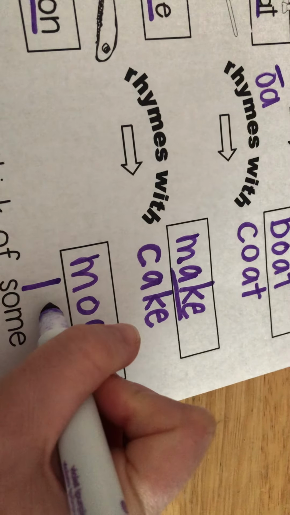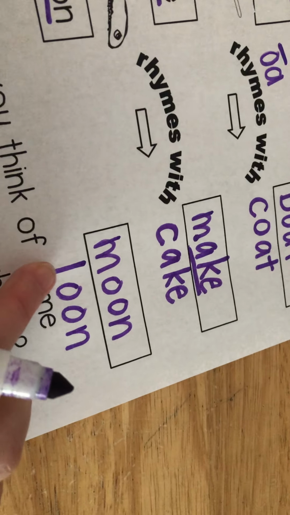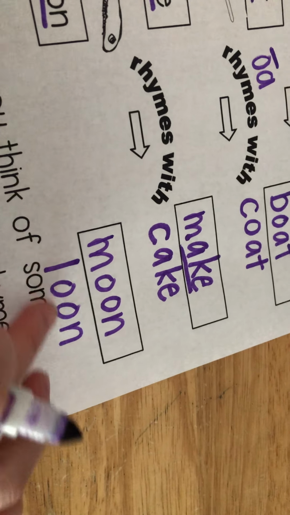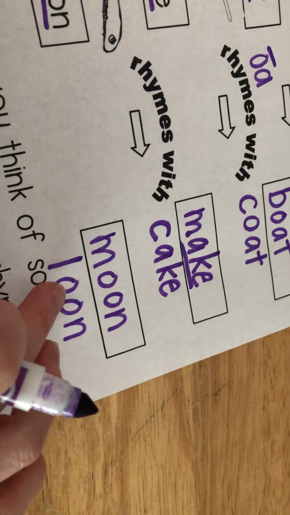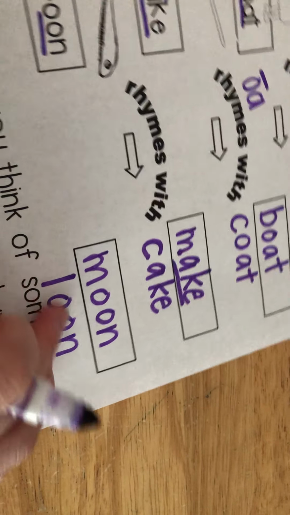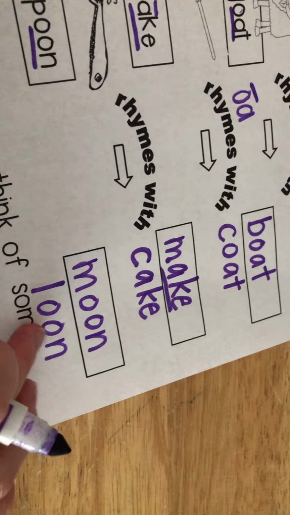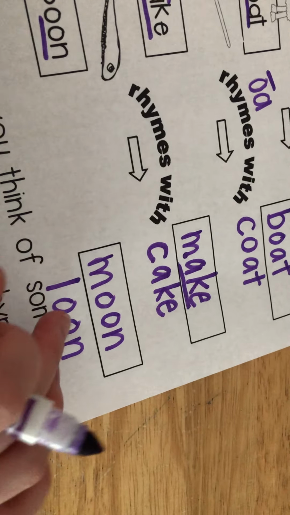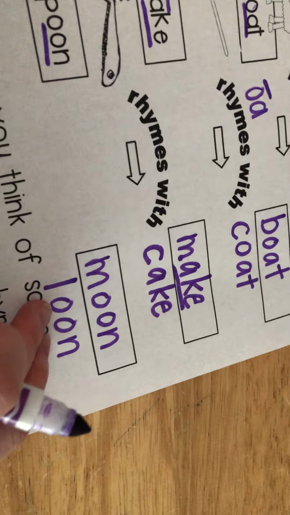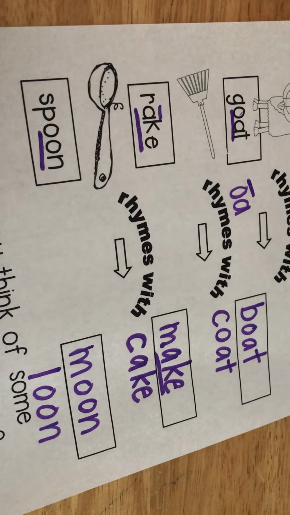Do you know what that word says? Loon. A loon is a bird that swims in ponds and lakes. It kind of looks like a duck, but it's a little bit different. And in the story Silly Sally, the loon likes to sing a tune, which is music. So let's see, we have loon, moon, spoon.